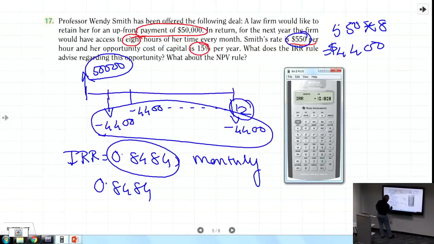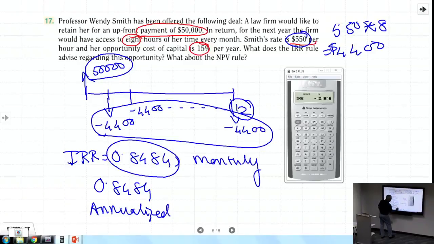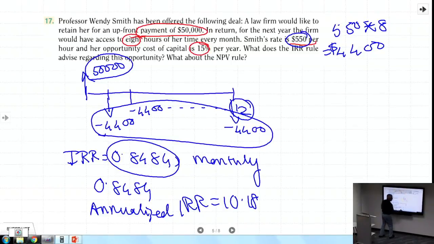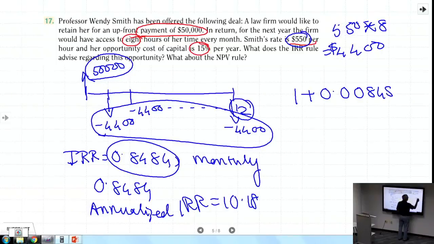So on an annual basis, the annualized IRR, if I multiply that by 12, is going to be 10.18. That's one way to do it. Another way to do it is to use the time value concepts, which is 1 plus 0.008484, right?